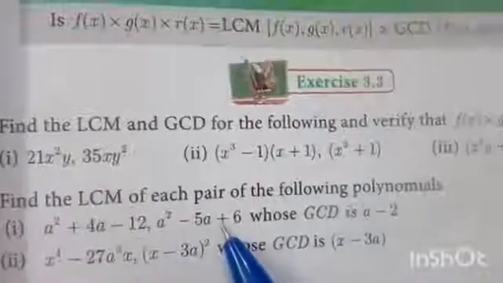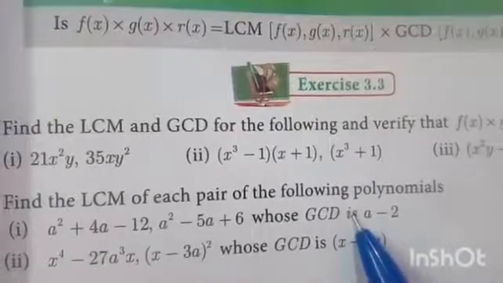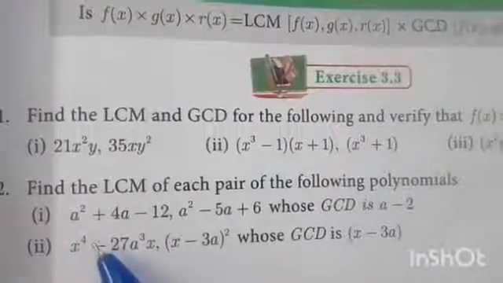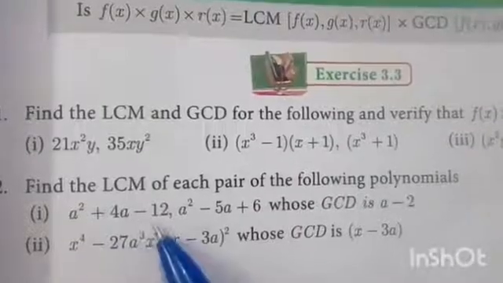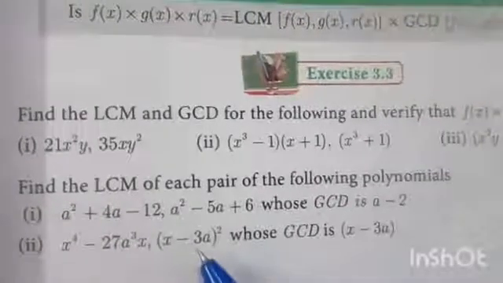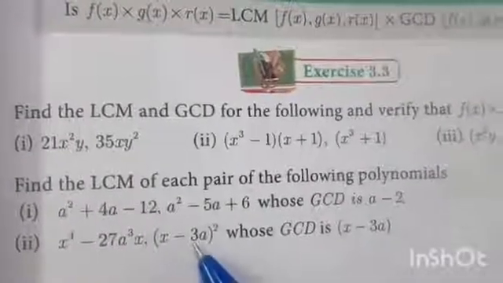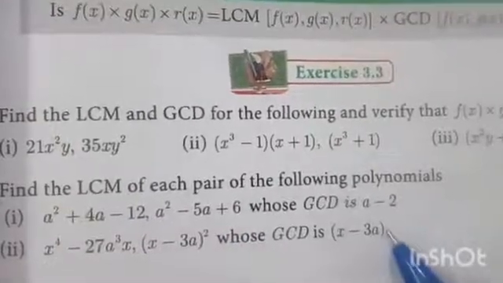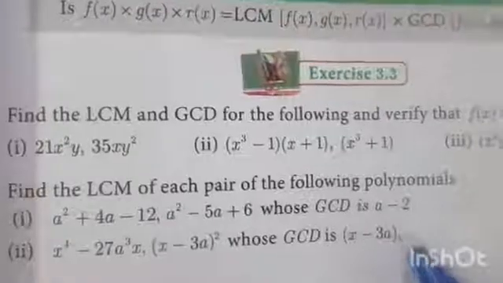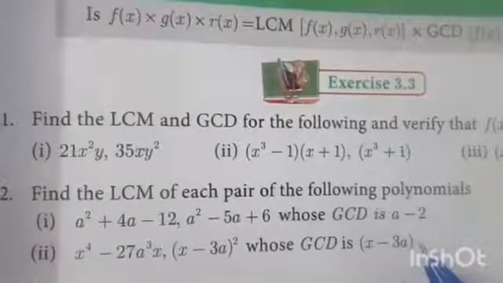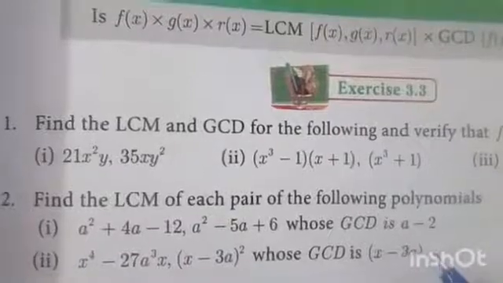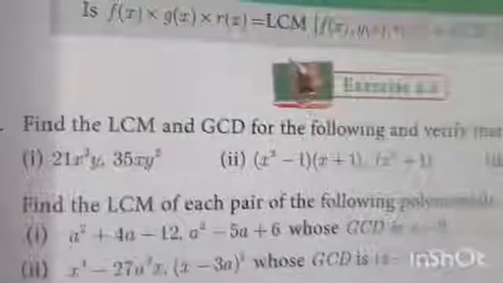Using that you have to find the LCM. The second problem: f of x is x power 4 minus 27 a cube x, g of x is x minus 3a whole square, GCD is x minus 3a. We have to find the LCM. The formula given is f of x into g of x by GCD is equal to LCM.